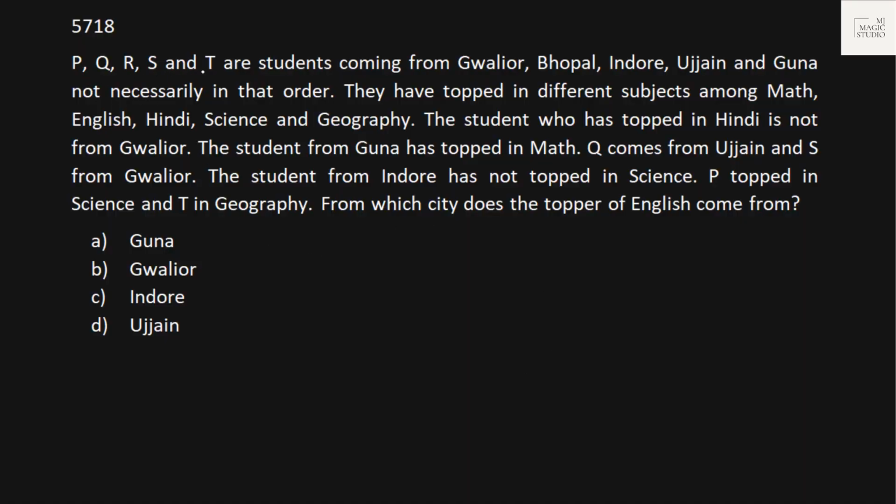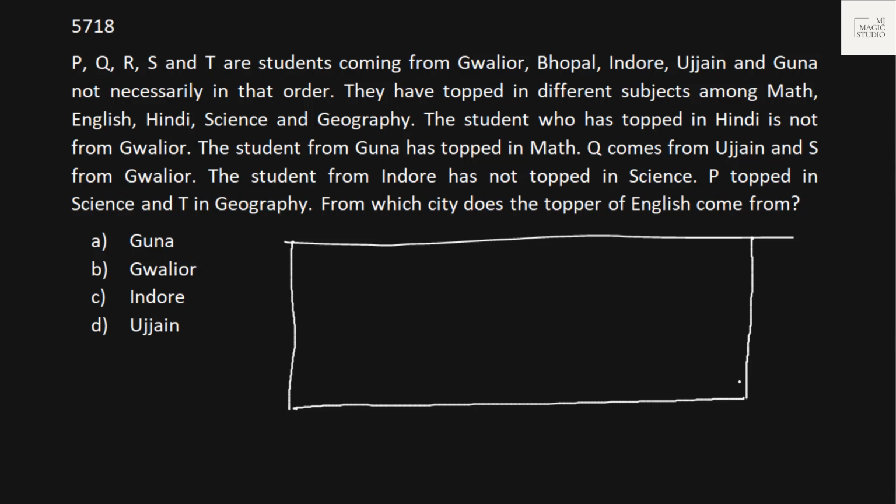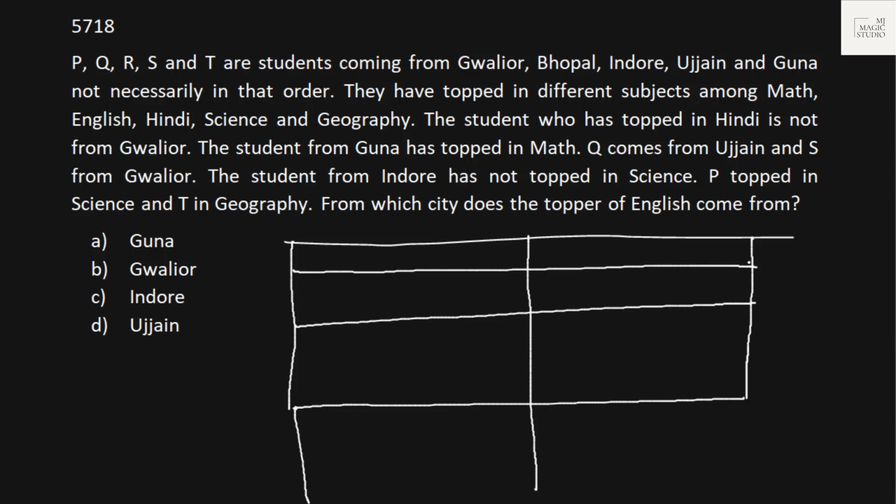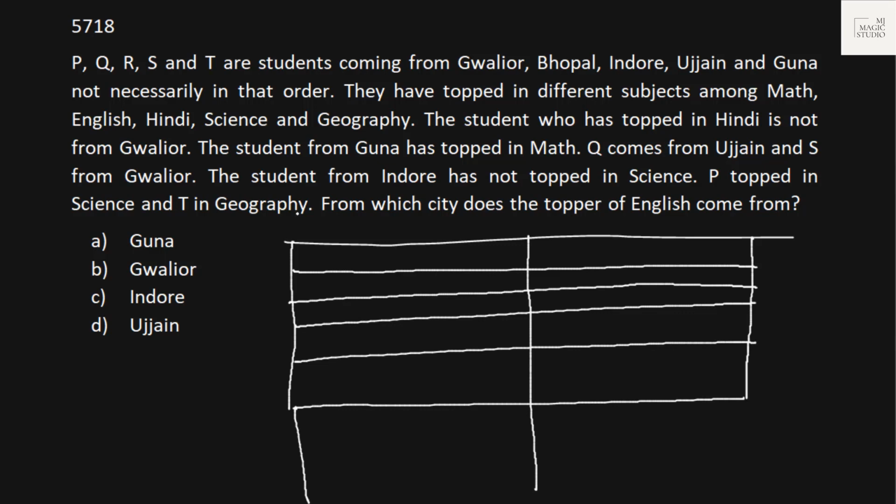P, Q, R, S, and T, 5 students. Let me have this. Three, four, five. Okay. Gwalior, Bhopal, Indore, Ujjain, and Guna.